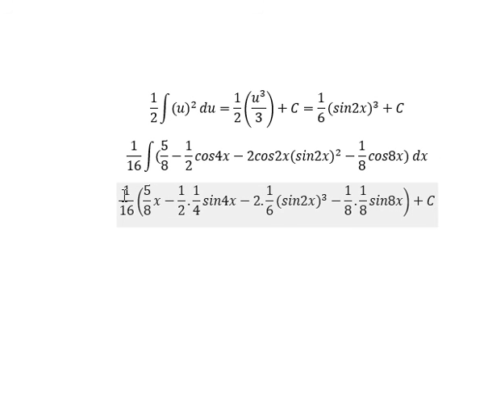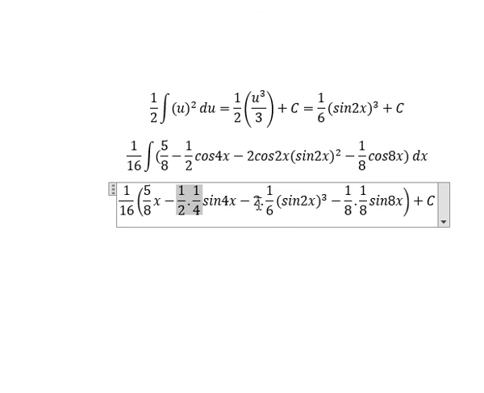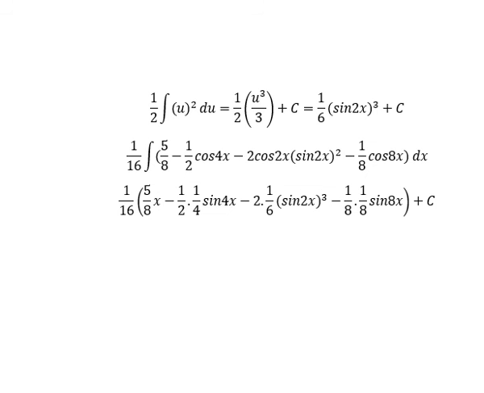And now we need to simplify this one. 1 over 16 multiplied by 5 over 8, this number and this number. So we have the final answer.